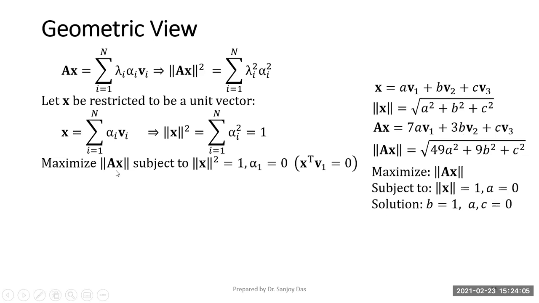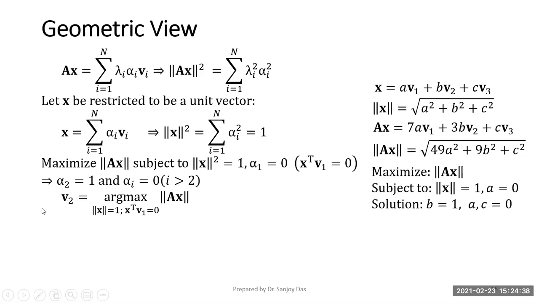We want to maximize the L2 norm of Ax subject to x being a unit vector, but with alpha 1 equal to 0. So the coefficient of x along v1 is equal to 0, or x transpose v1 equals 0. And the solution is make alpha 2 equal to 1, and all the other alphas, alpha 3, alpha 4, and so on, equal 0.